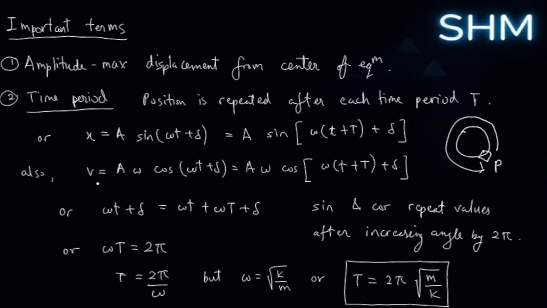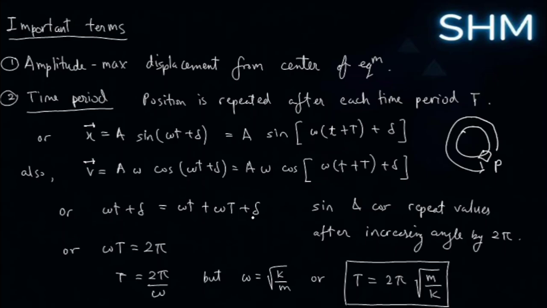दैट मीन्स a omega cos(omega t plus delta) जो वेलोसिटी प्रोवाइड करेगा, जो वैल्यू प्रोवाइड करेगा, a omega cos(omega t plus time period plus delta) वेलोसिटी का वही वैल्यू प्रोवाइड करेगा. So from both of these, what we can conclude is omega t plus delta must be equal to omega t plus omega capital T, where capital T denotes the time period, plus delta.